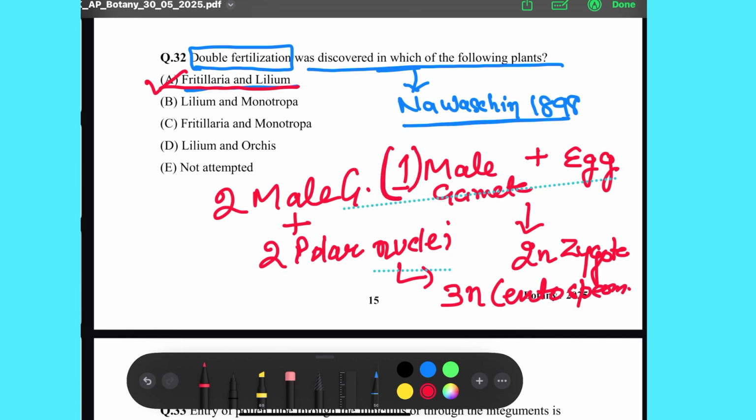First male gamete, second male gamete. So 2n zygote और 3n endosperm का formation होता है. So this is one of the important ones.